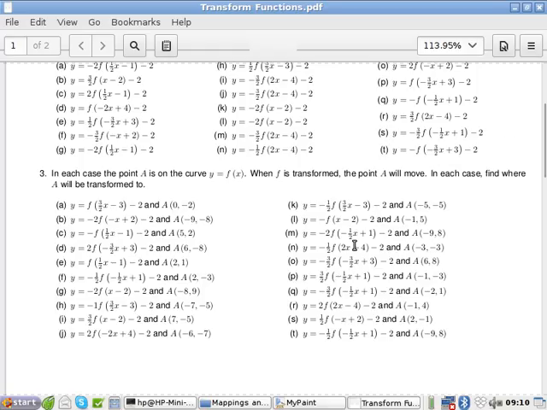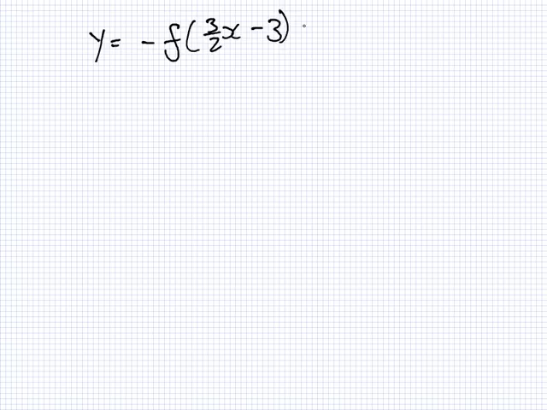H, you said? Okay, let me write it down. y equals minus f of 3 over 2 x minus 3, bracket minus 4, and the point minus 7, minus 5.